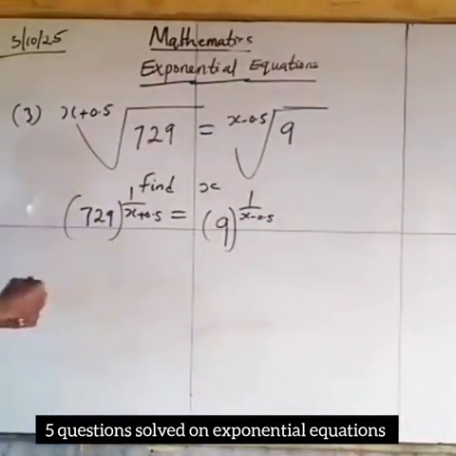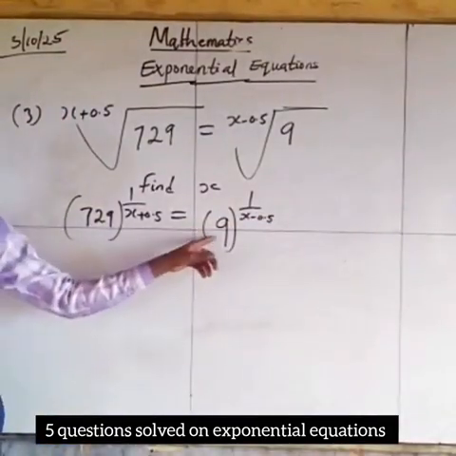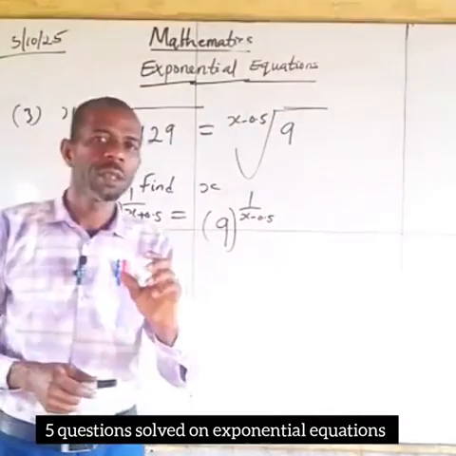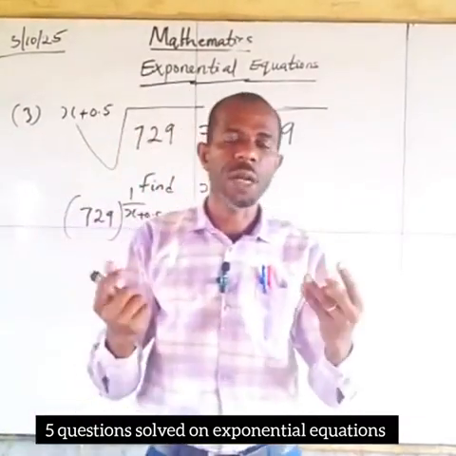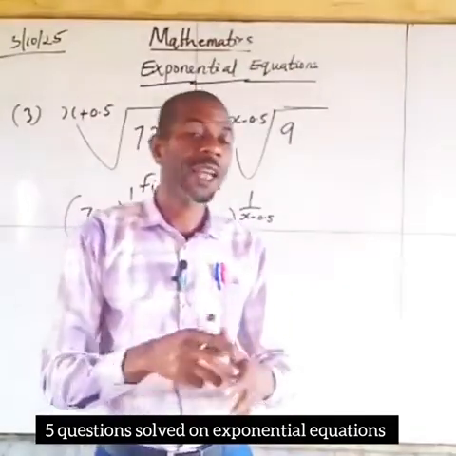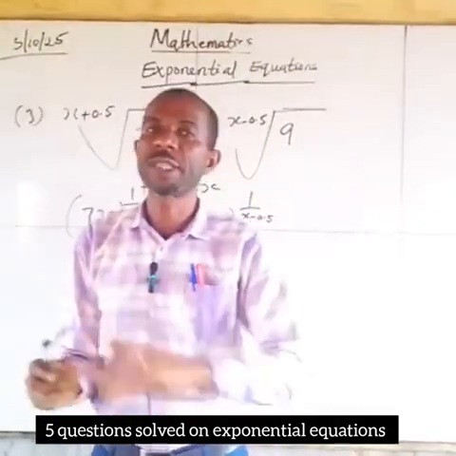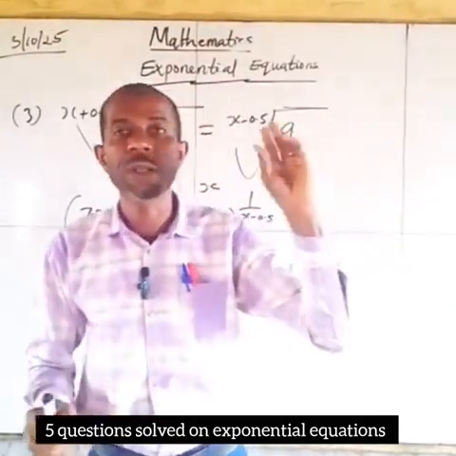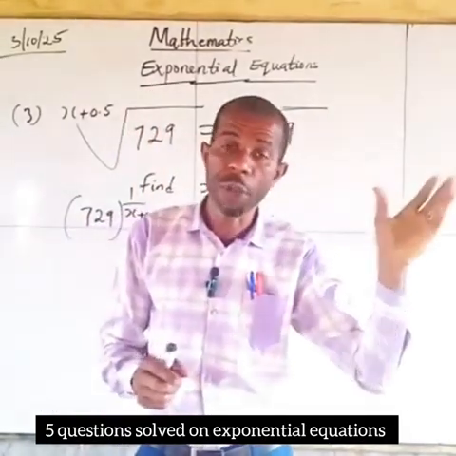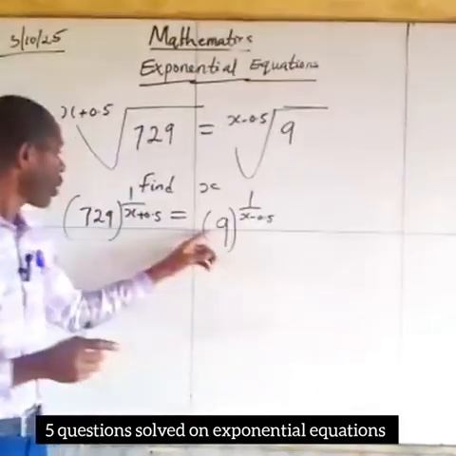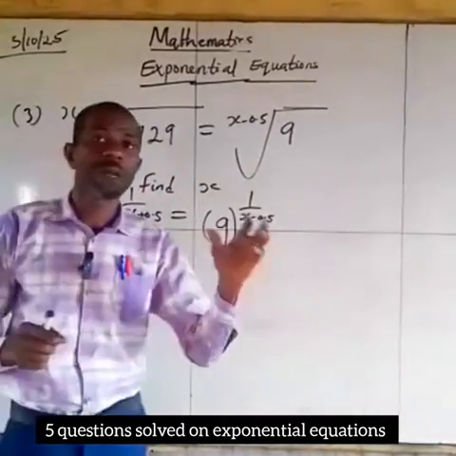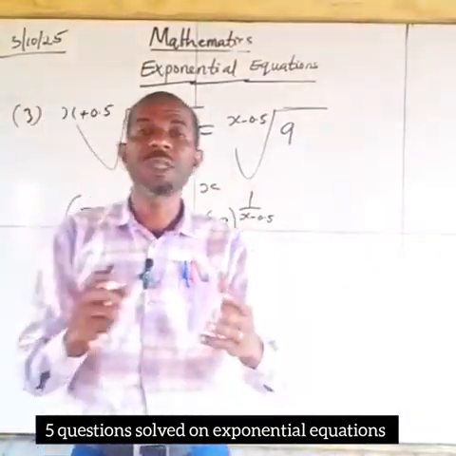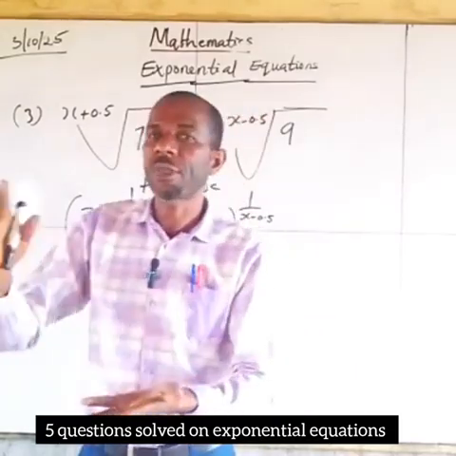Since we have 9 here, there is always a relation between numbers in exponential equations, just like 2 is related to 4, 8, 16, 32, 64, as it goes up. The same way, when we have 9, we have 27, we have 81. It means that 3 is related to all of them.